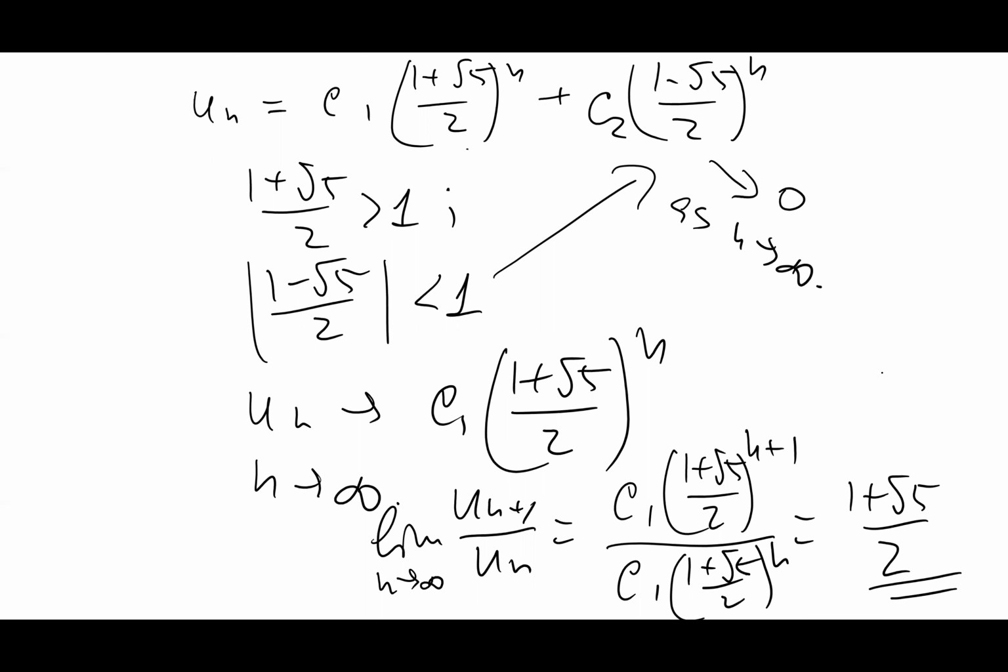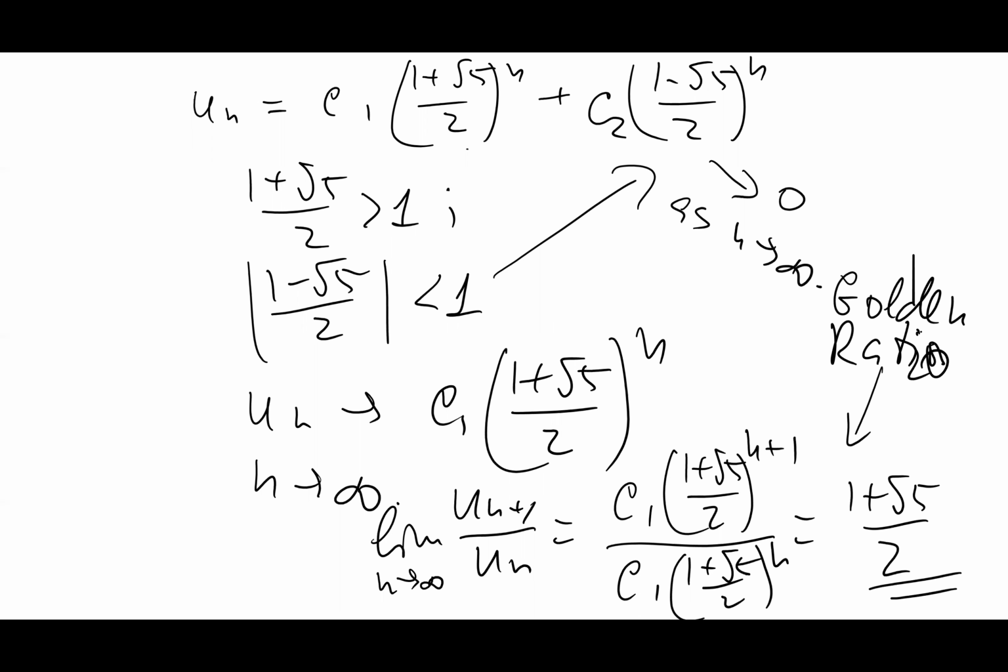So this limit is called the golden ratio. It is a very famous number describing the Fibonacci sequence, the so-called Fibonacci sequence.